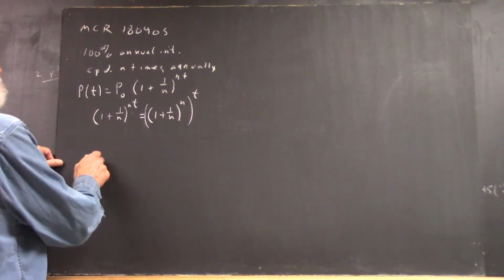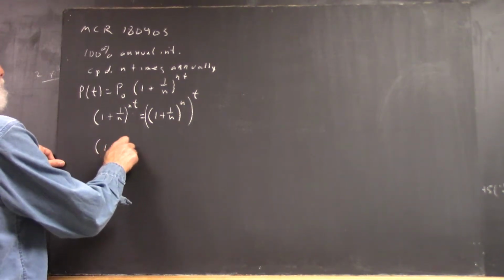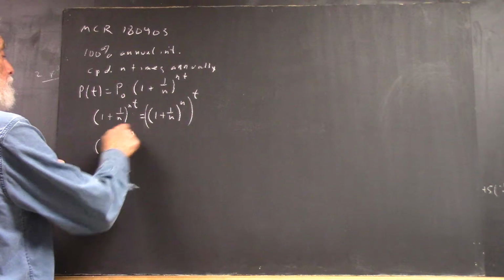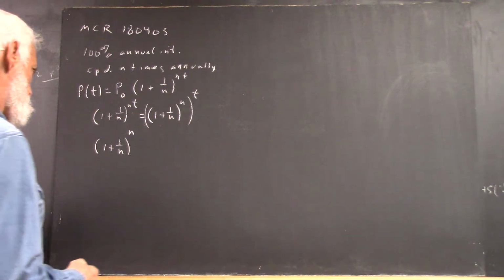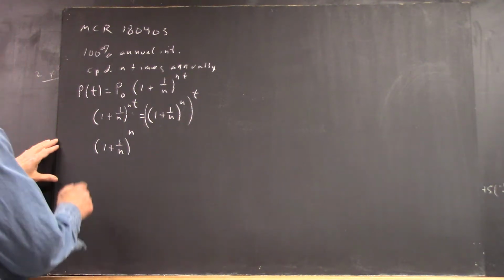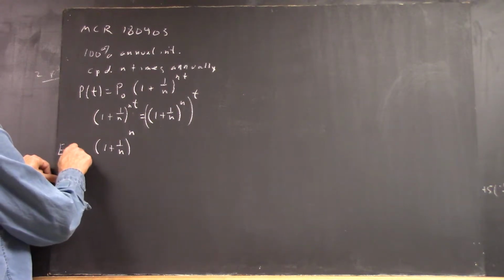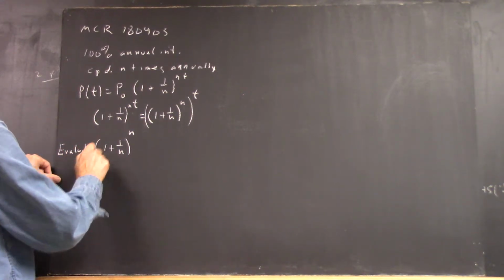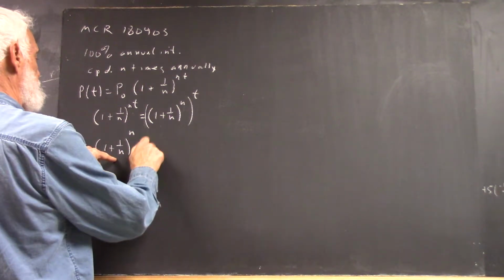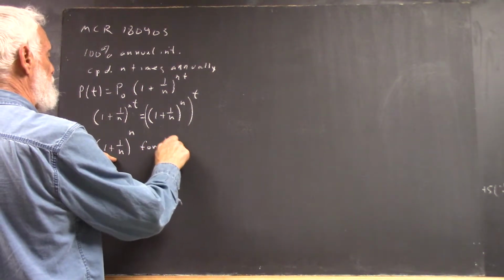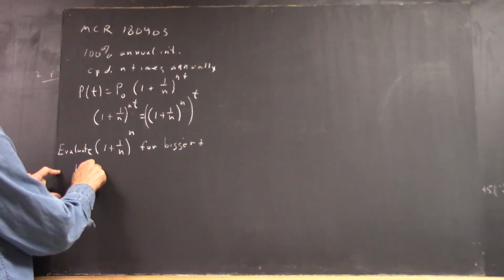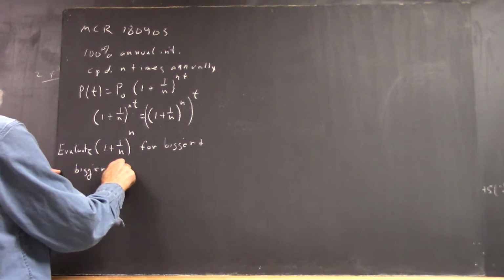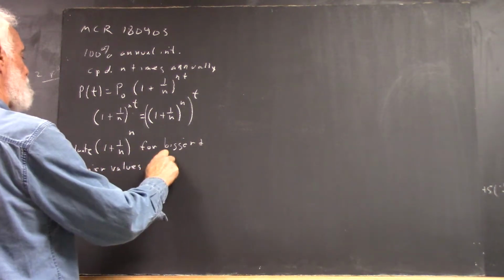So what we want to do is take this expression, just 1 plus 1 over n to the n, and evaluate 1 plus 1 over n to the n for bigger and bigger values of n.